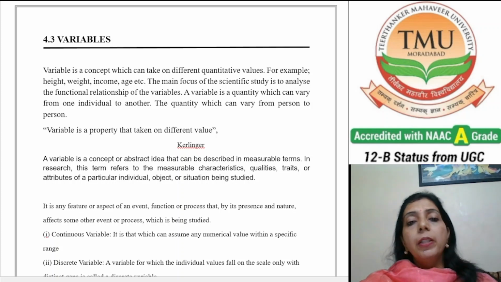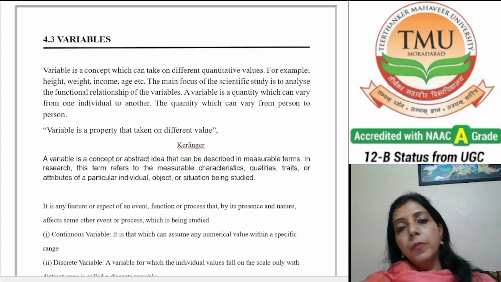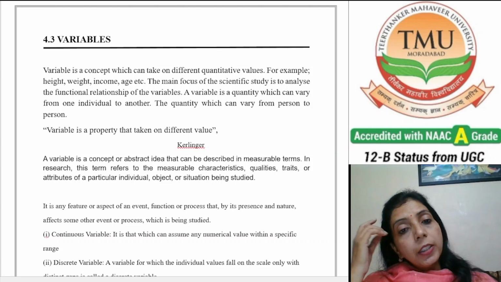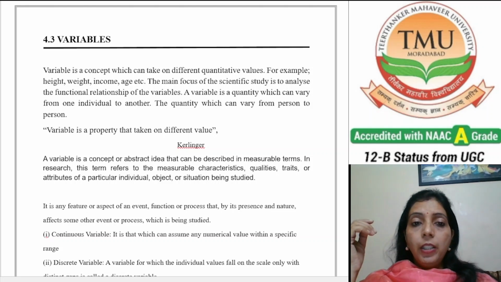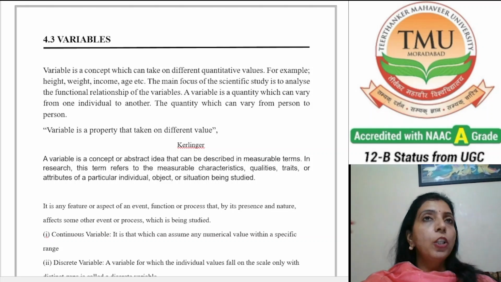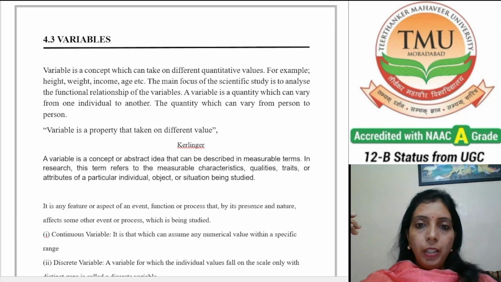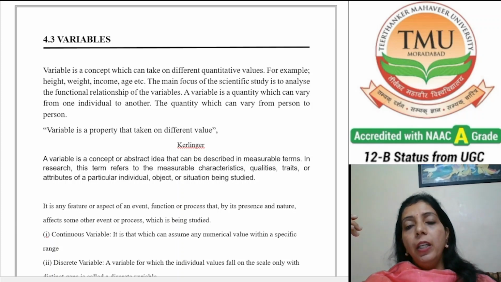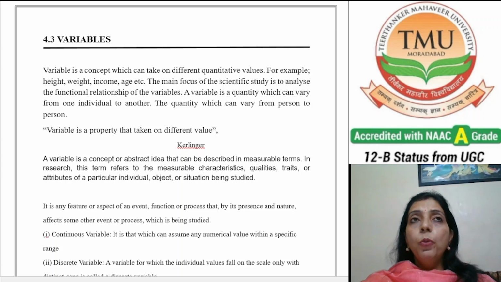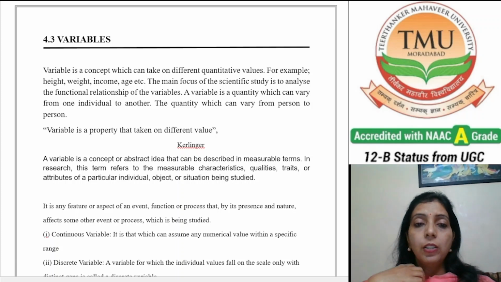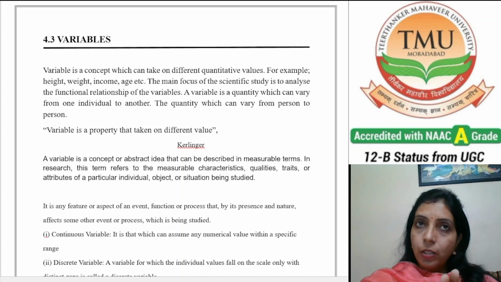We will understand with the help of an example. If a researcher is interested in studying the effects of two different teaching methods on the science achievement of 7th grade students, the grade level is constant.